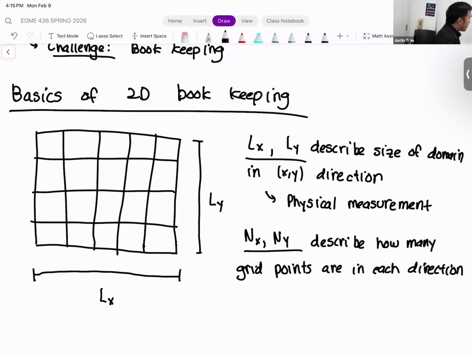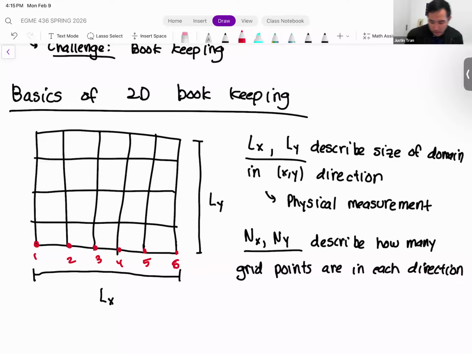So for this case, we can simply count. If we look at Nx, we look at how many grid points are in the x direction. Let's count 1, 2, 3, 4, 5, 6. So for this particular example, there are 6 grid points in the x direction.